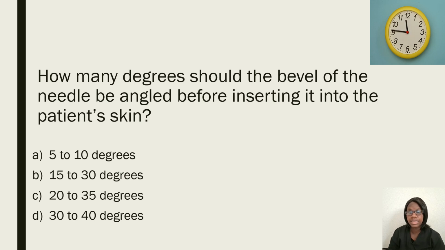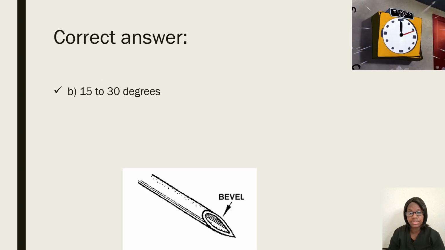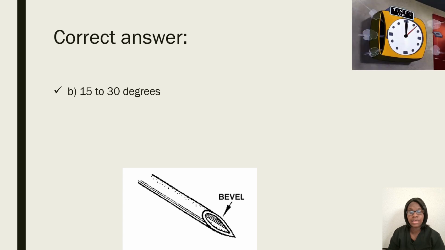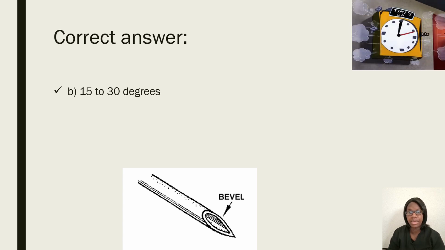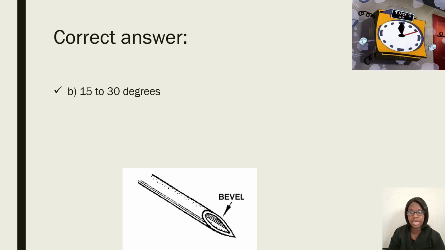I'll give you a few seconds and then I'll give you the answer. Okay, the correct answer is 15 to 30 degrees. That's how the bevel should be angled whenever you are getting ready to insert the needle into the patient's skin.